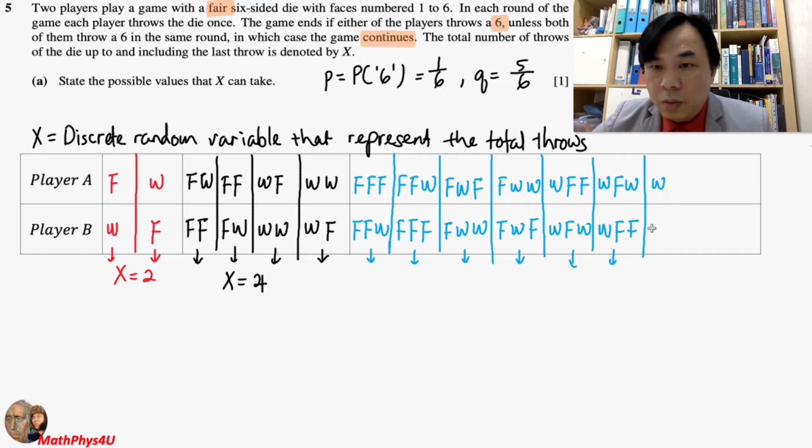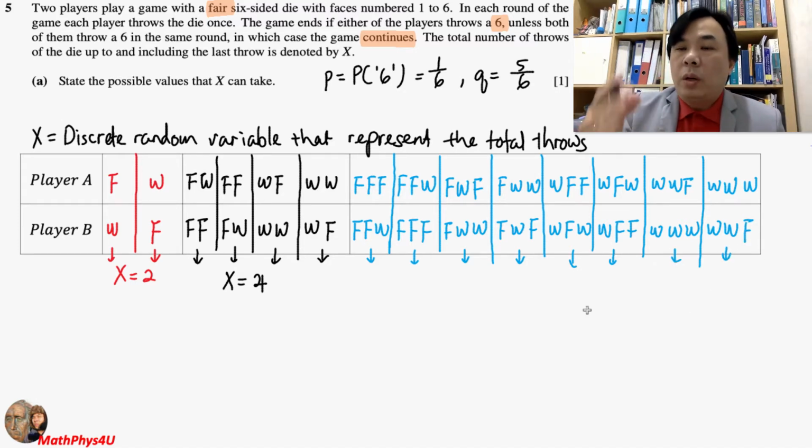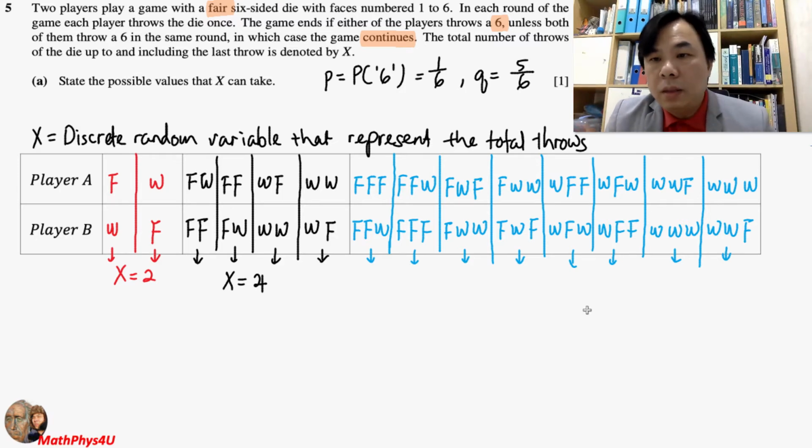So take for instance, both of them get 6, and then they proceed on. They still get a 6. The deciding factor is at the end. Now, as you expected, we could have this here. So the game ended when one of the players got a win in this case, or got a 6.